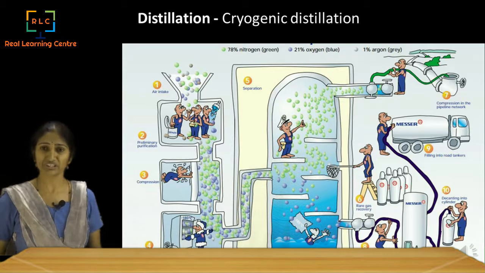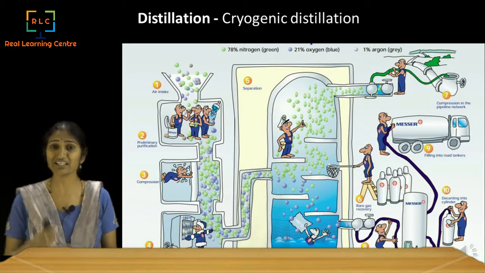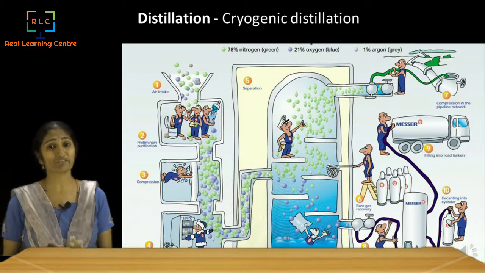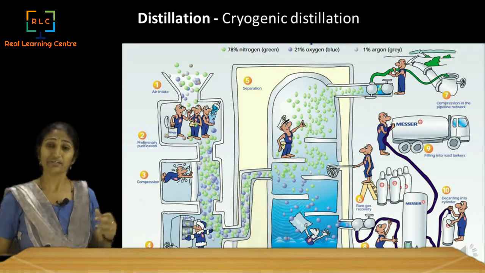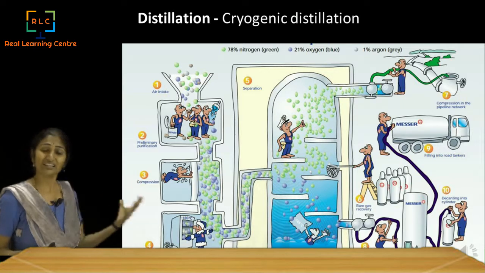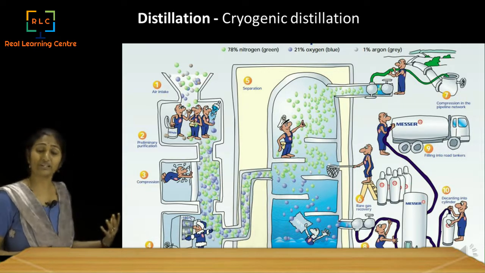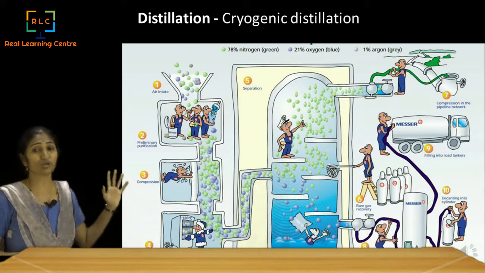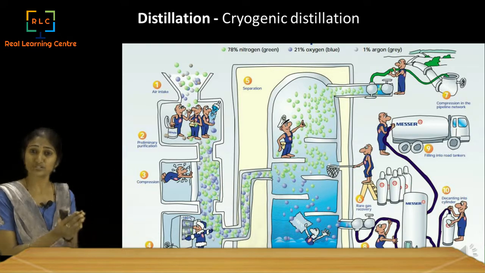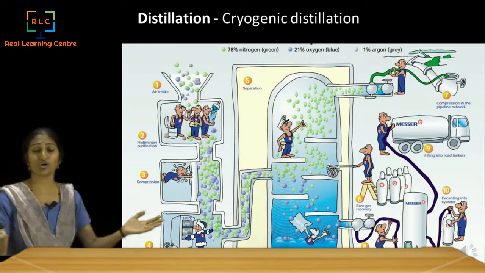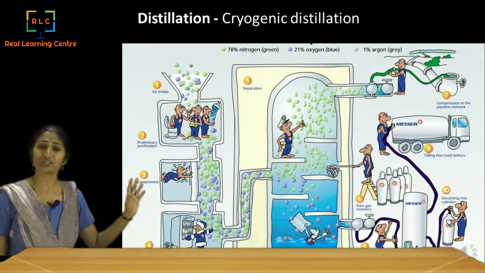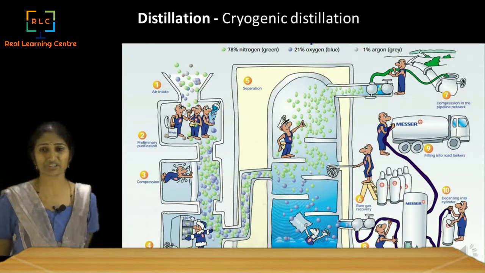In both the previous techniques, we were giving heat to the column, to the distillation unit, and separating the products. Here, instead of giving heat, we are removing heat, or in other words, I am cooling the entire process, and in the process of cooling, I am trying to separate the components of my mixture. Hence, we call this cryogenic distillation.